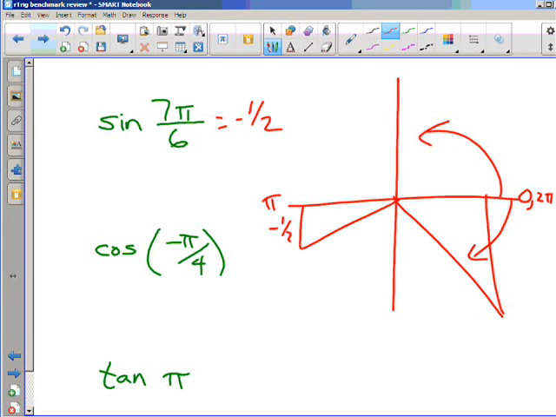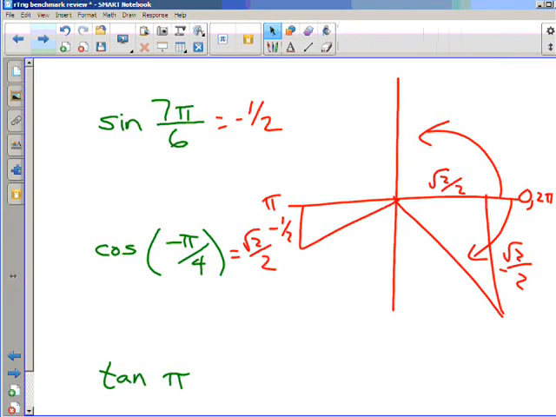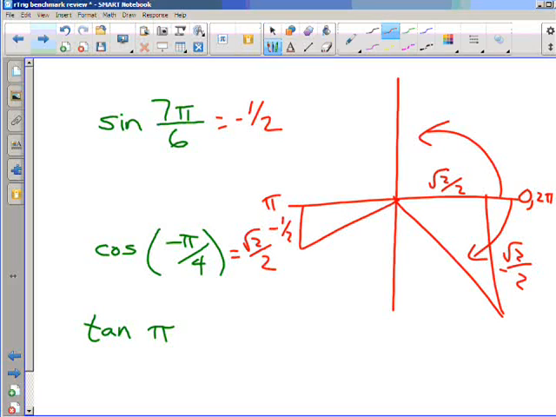Only cosine is positive there, and so our cosine will be root 2 over 2. And then tangent of pi. Pi is over on the far left. We could think of those coordinates as negative 1, 0.